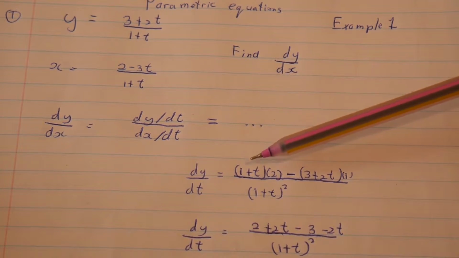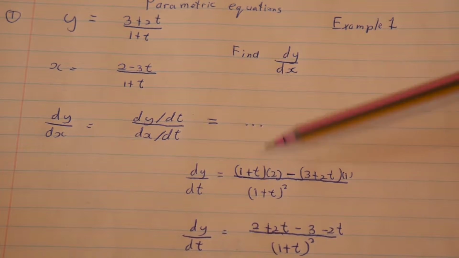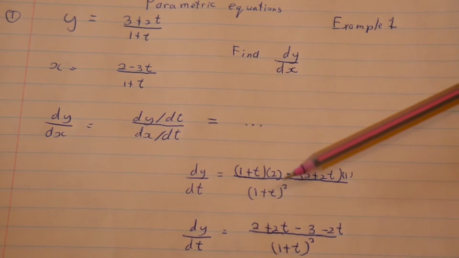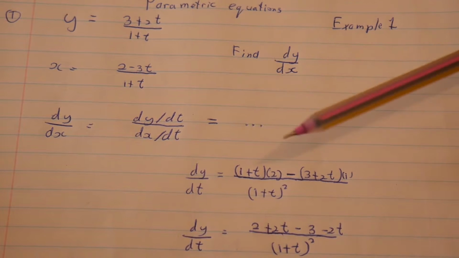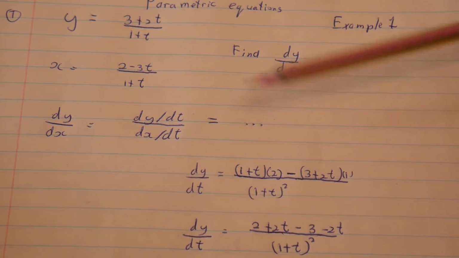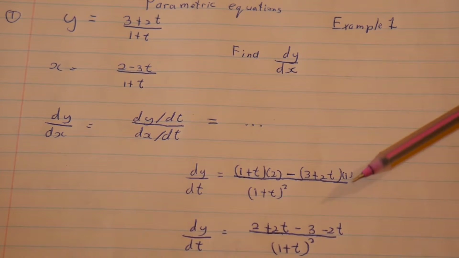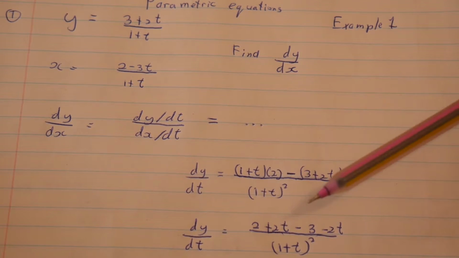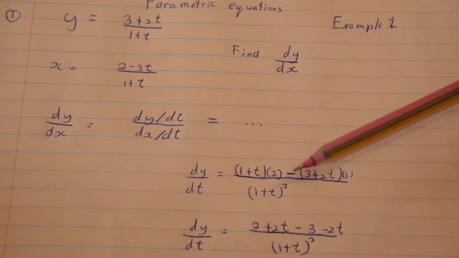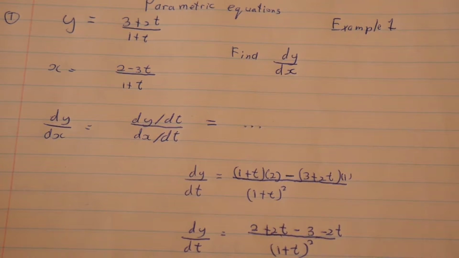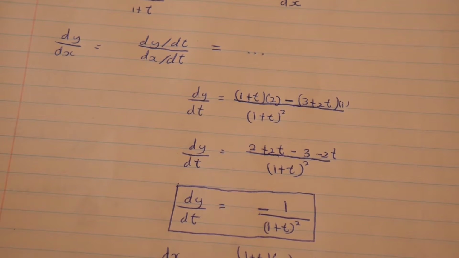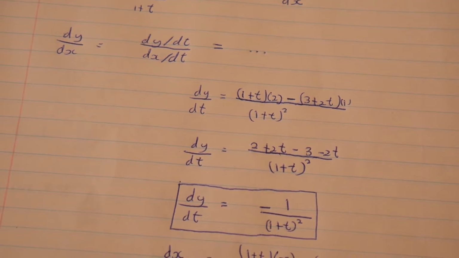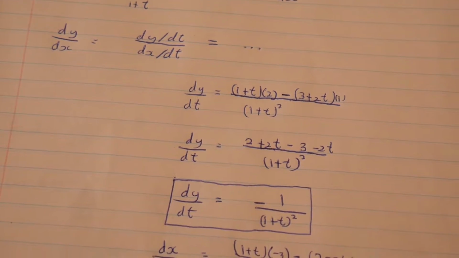At the top you have the 1 plus t multiplied by the differential of 3 plus 2t, which is just 2, minus, you put the 3 plus 2t, and then you differentiate 1 plus t, which just gives you 1. Expanding this bracket will give you 2 plus 2t minus 3 minus 2t. So that will just give you negative 1 over (1 plus t) all squared.